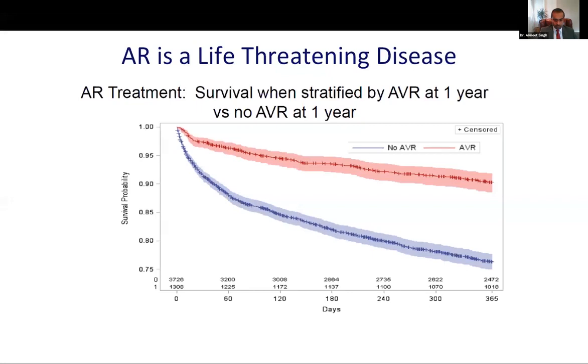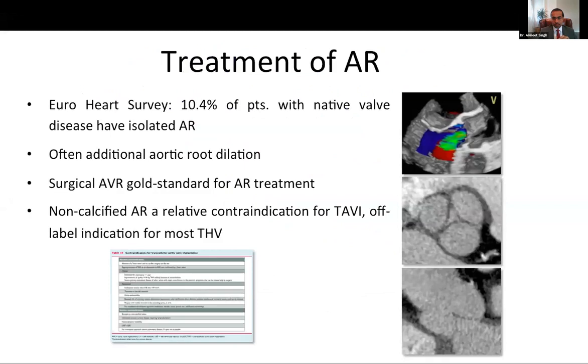This is from the STS database, and with aortic valve replacement, the mortality comes down to less than 5%. In a European heart survey, about 10.4% of patients who have native valve disease have isolated aortic regurgitation. And I'm sure that in India, because of rheumatic heart disease, this is much higher than in other parts of the world.